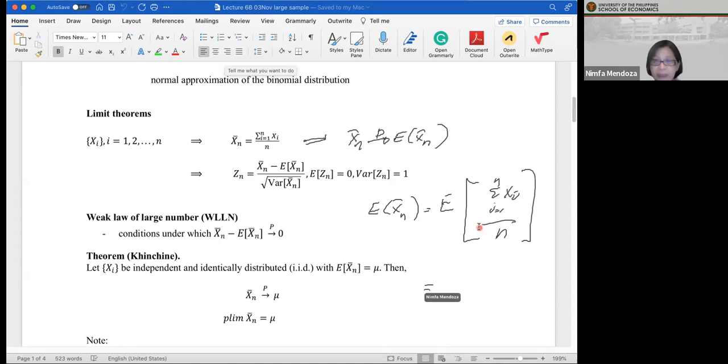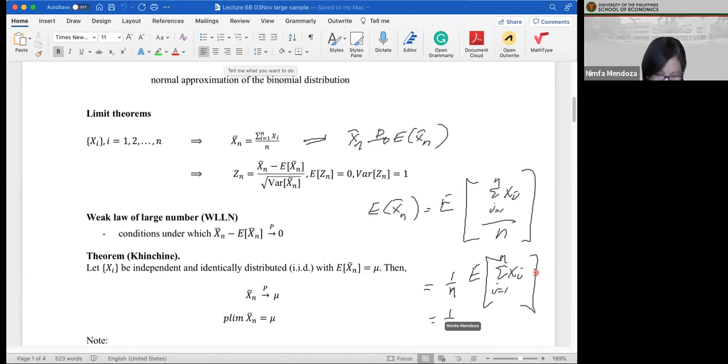So how do you get the expected value of this? Note that n is a constant, so you have 1 over n times the expected value of the sum of X sub i going from 1 to n.